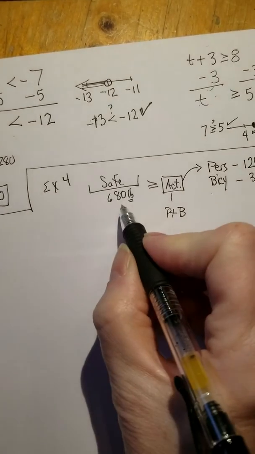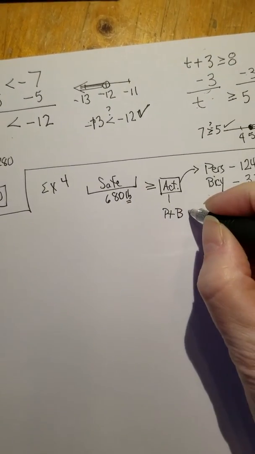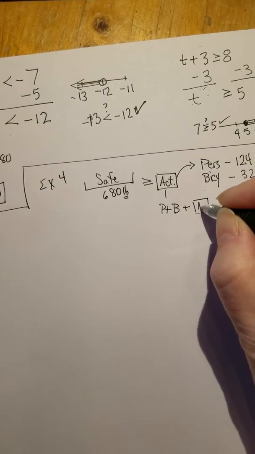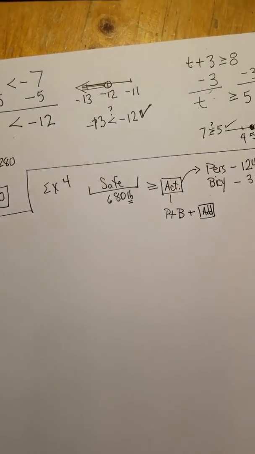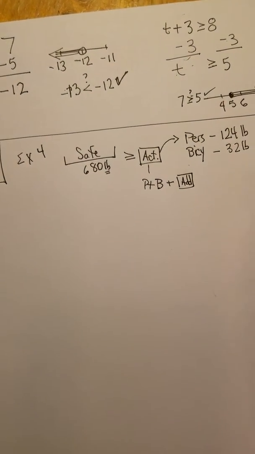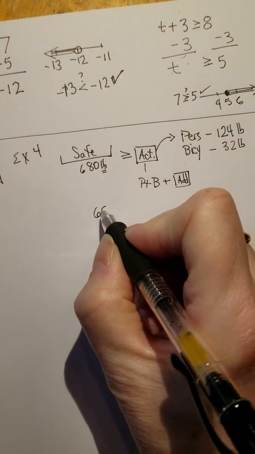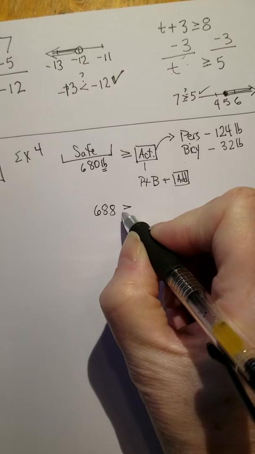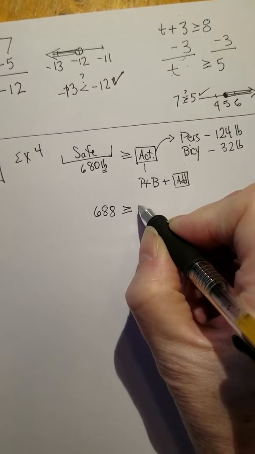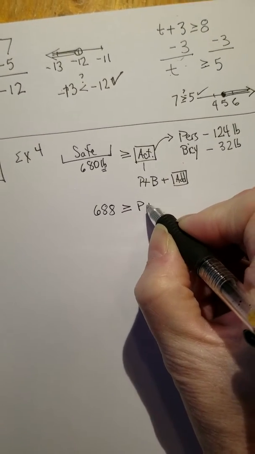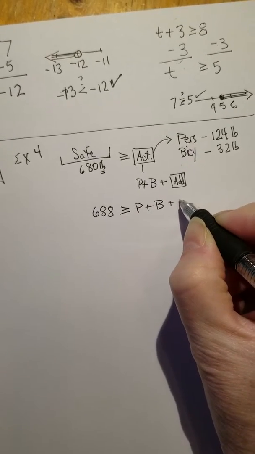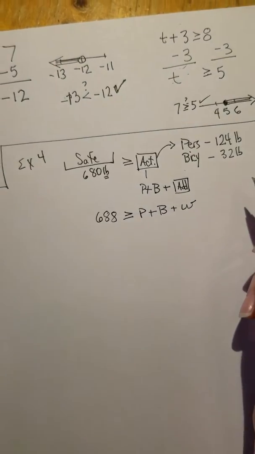But how much more can I carry? So I'm going to have a person plus the bicycle plus some additional weight, right? So my equation will be 680 is going to be greater than or equal to the person plus the bicycle plus the additional weight. They called it a W in this.